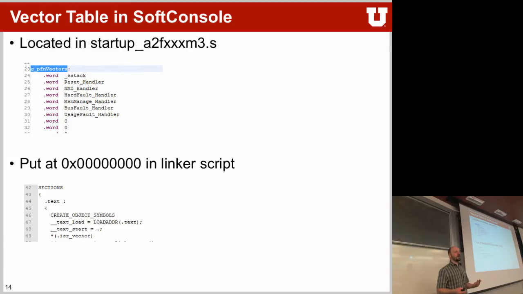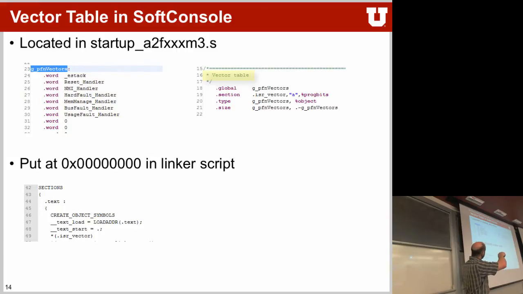How does this work? Well, in the case of the Cortex M3, on the SmartFusion, they're all defined in this file, startup A2FFXXS. There is a vector with the different pointers, and these are labels into memory. And there is another file, the linker script, further down. You have the definition of all these different labels with the functions that they implement, and you then make sure that they get put at address 0 inside of the linker script.